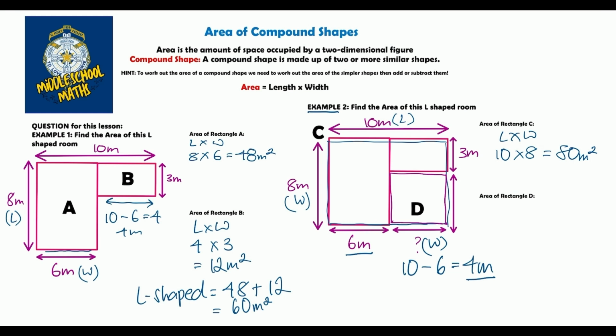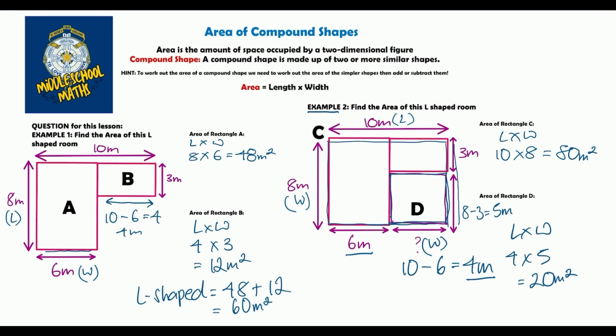And then over here, the full length is 8 minus what we know is 3, so we get 5 meters. So the area of rectangle D is length times width, 4 times 5, which gives us 20 meters squared.